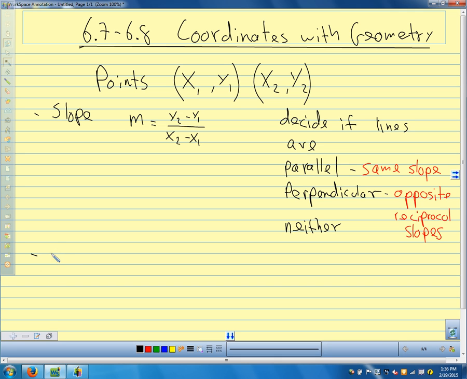We will also use the distance formula. If we have 2 points, our distance is the square root of x2 minus x1 squared plus y2 minus y1 squared.